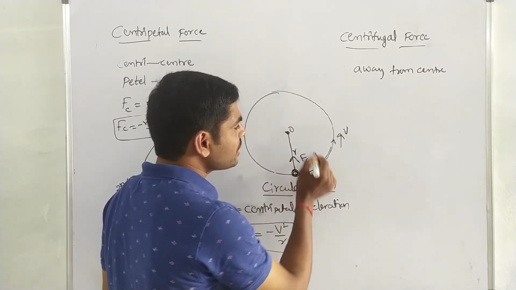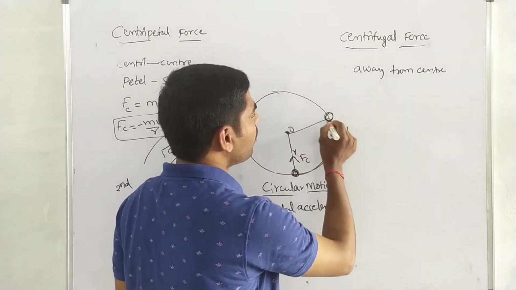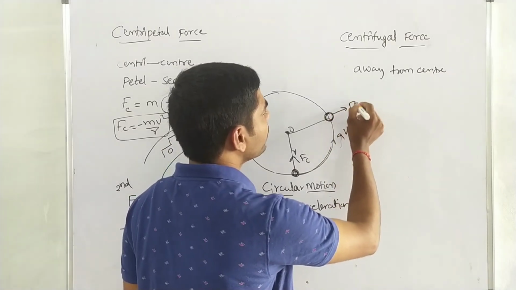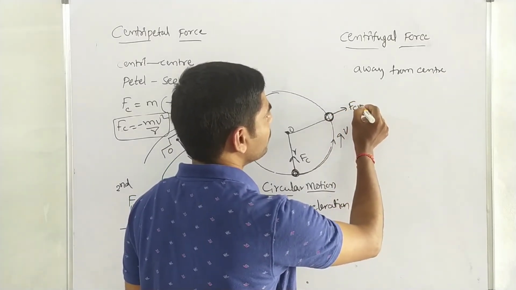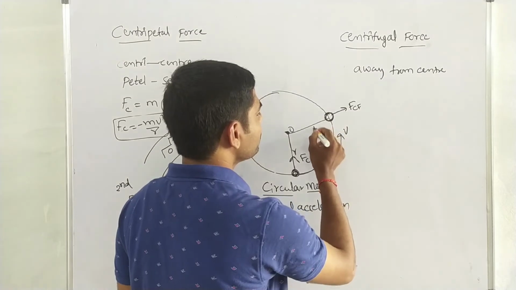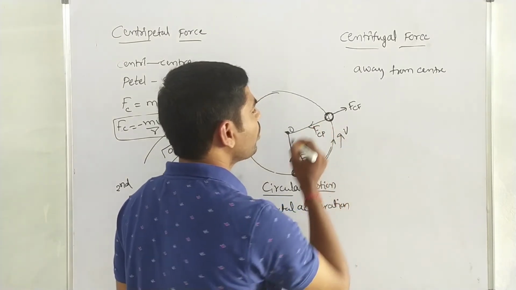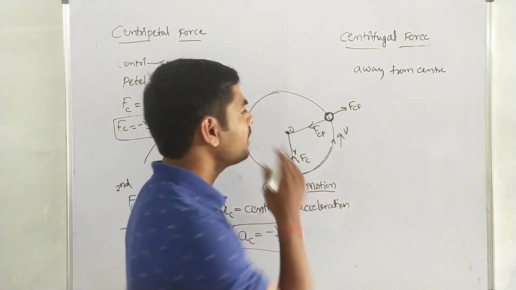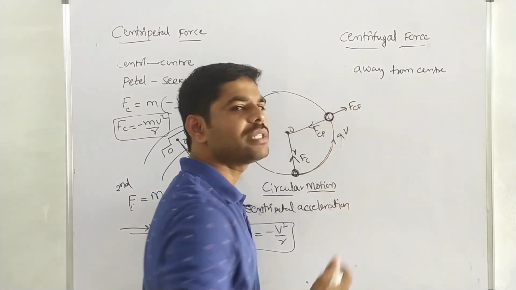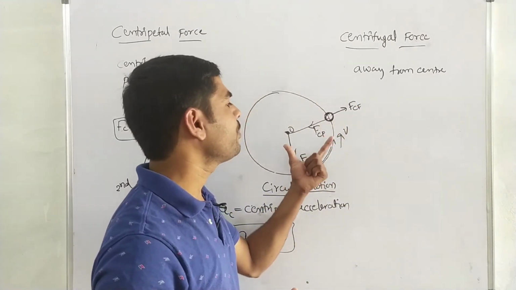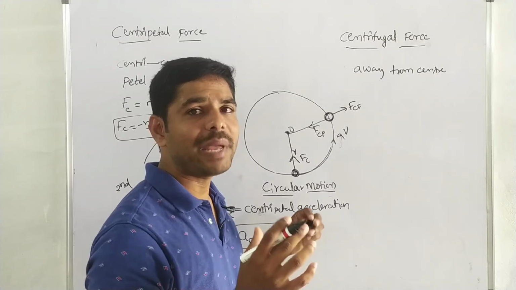If an object is revolving like this, one more force is also required, this is centrifugal force and this is centripetal force. This is always acting towards the center and this is always acting away from the center, which is the major difference between centripetal and centrifugal forces.